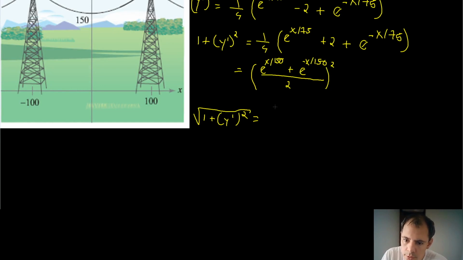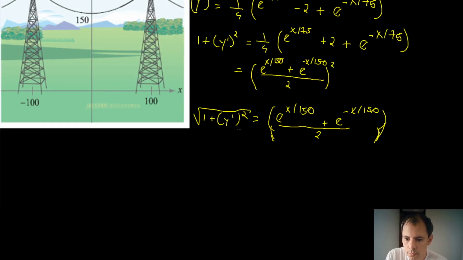It'll be equal to e to the x over 150 plus e to the minus x over 150, everything divided by 2. I'm going to extend this in here like that.